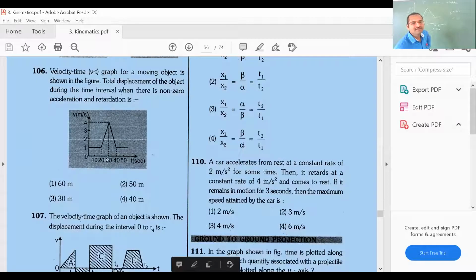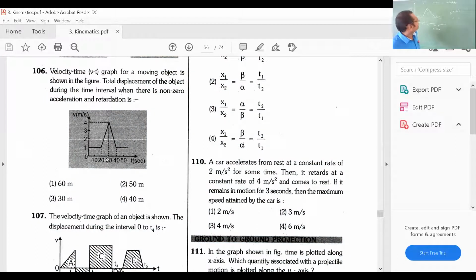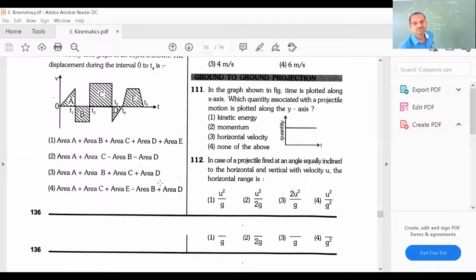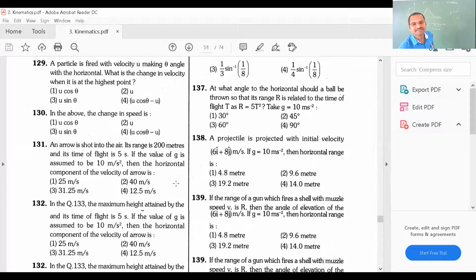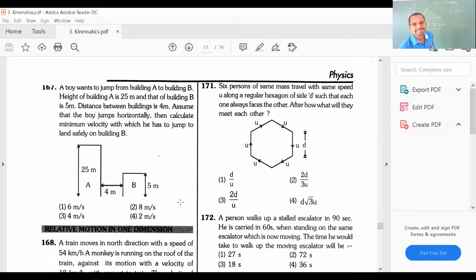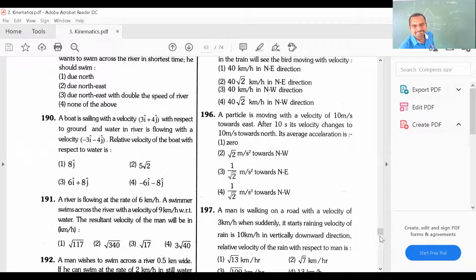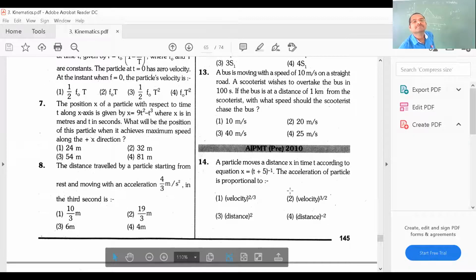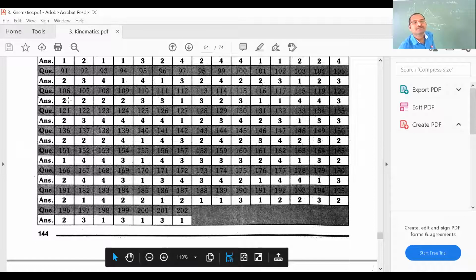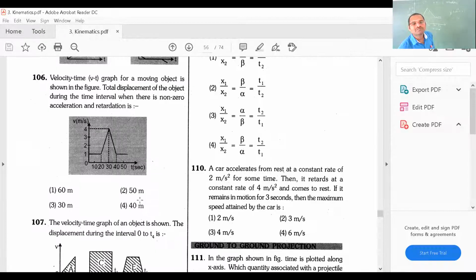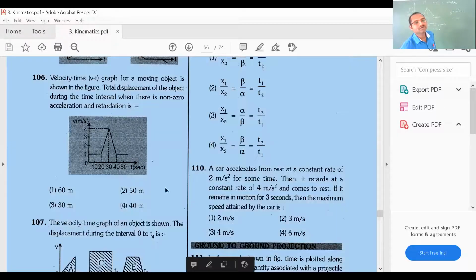Why, Afzal? What calculations have you done there? Question number 106. Option 2, 50. Okay.